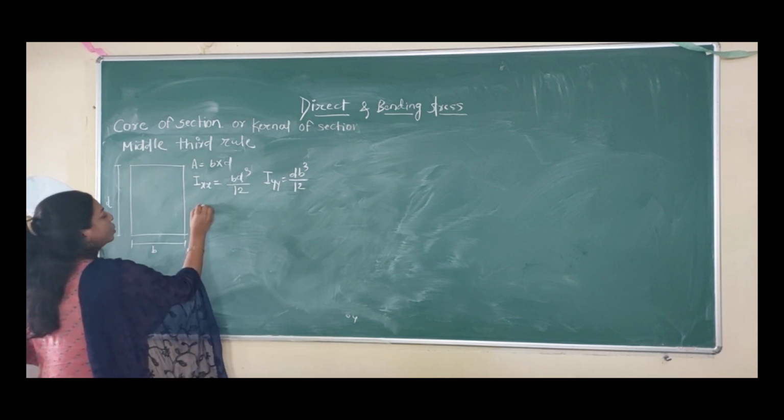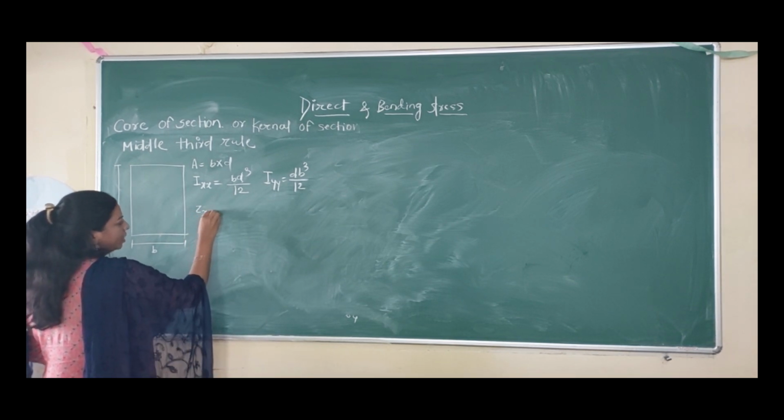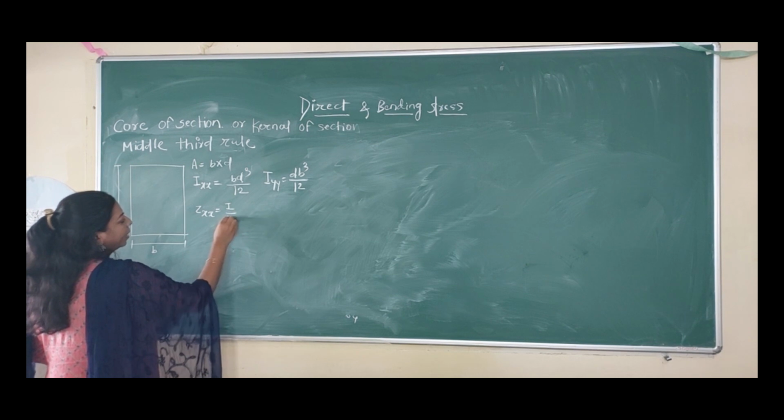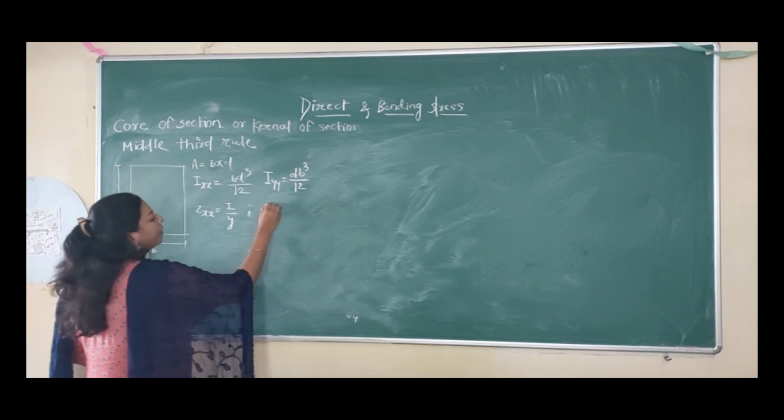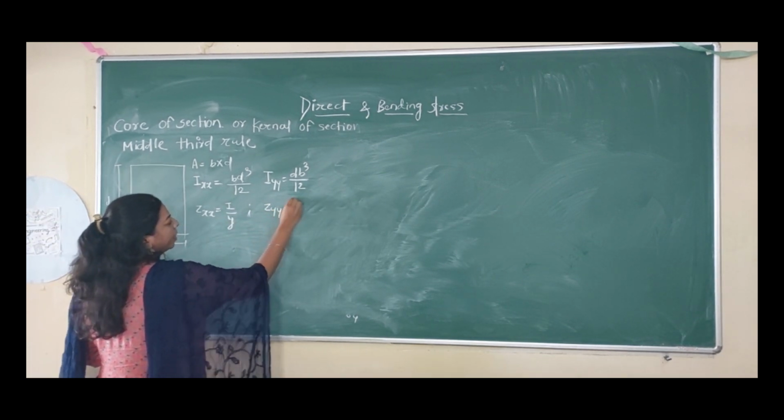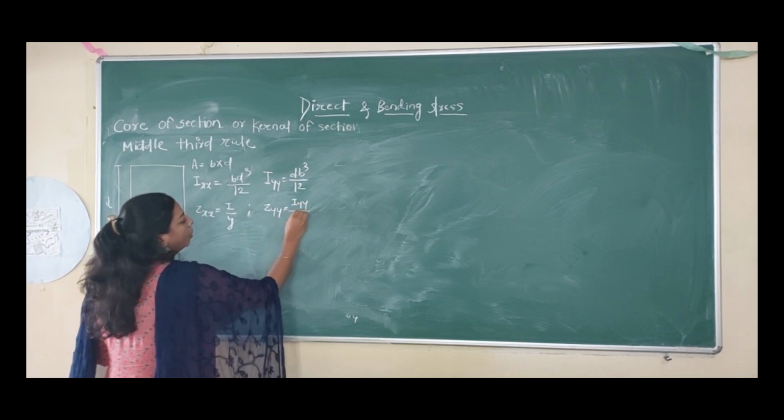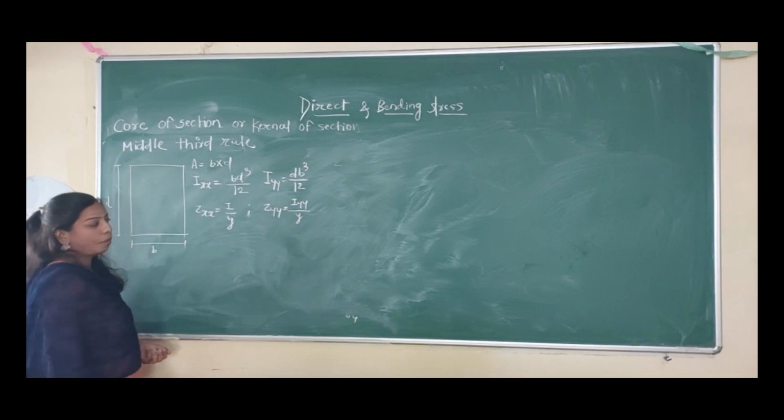Then find out section modulus. Zxx is equal to I divided by y and Zyy is equal to Iyy divided by y.